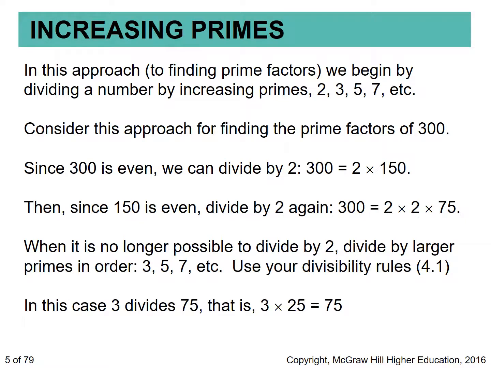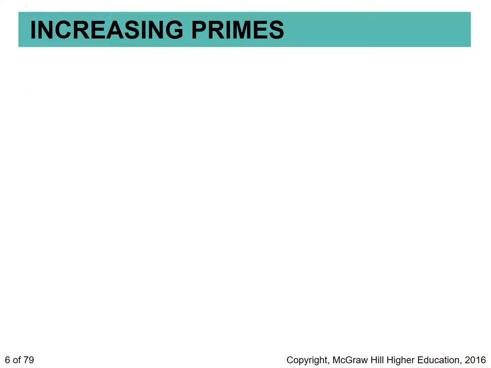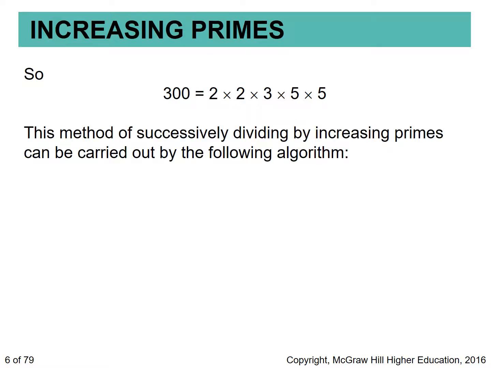Okay, so then I have 3 goes into 75, 25. So that gives me this factorization. Here's what it looks like with increasing primes. So we start with 300, and the first prime number we use is 2, and we divide that, and we get 150. Now we see, will 2 go into 150? Yes, it will, so we divide that.